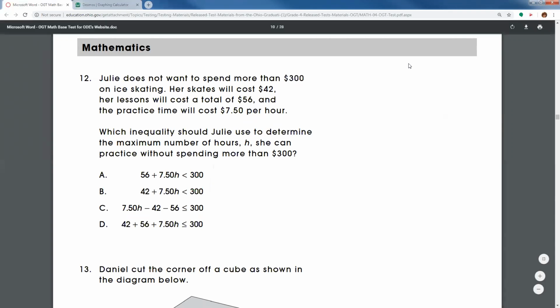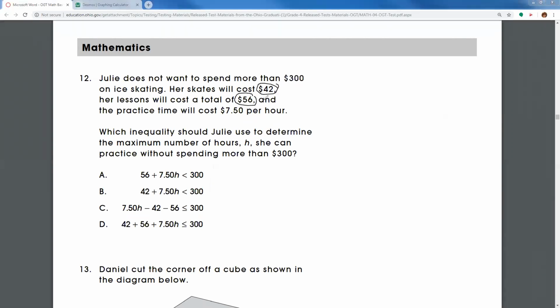Well, you would need to add the 42, the 56, and the practice time, 7.50. If you're trying to find total cost, you add stuff together. But the 7.50 is slightly different because it wasn't just 7.50, it was 7.50 per hour.